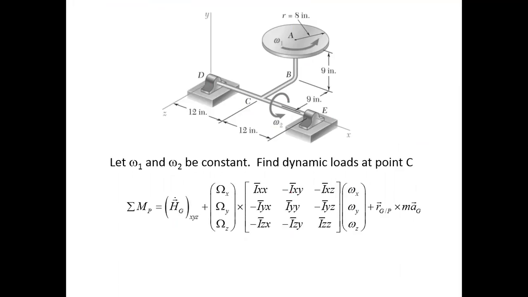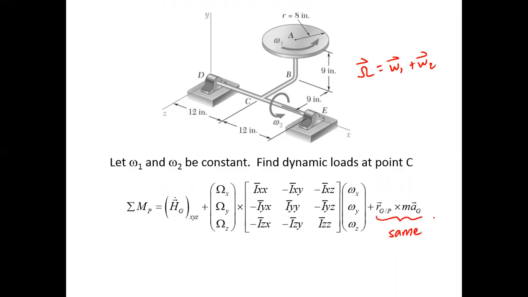Let's look at this problem again, but in this case, instead of setting omega equal to only omega 2, we're going to set it equal to omega 1 plus omega 2. So now it's going to be equal to both of those. This term here is still the exact same as what we did on the other page.